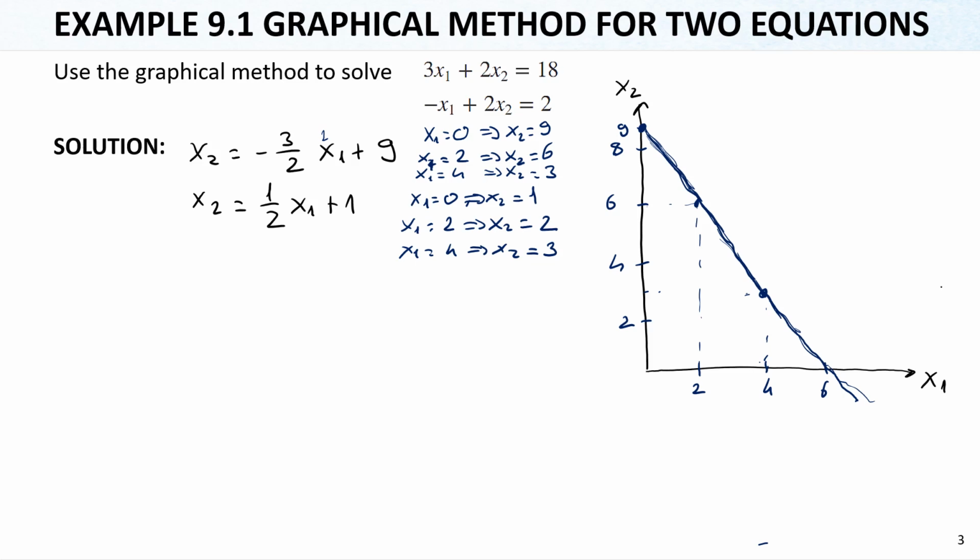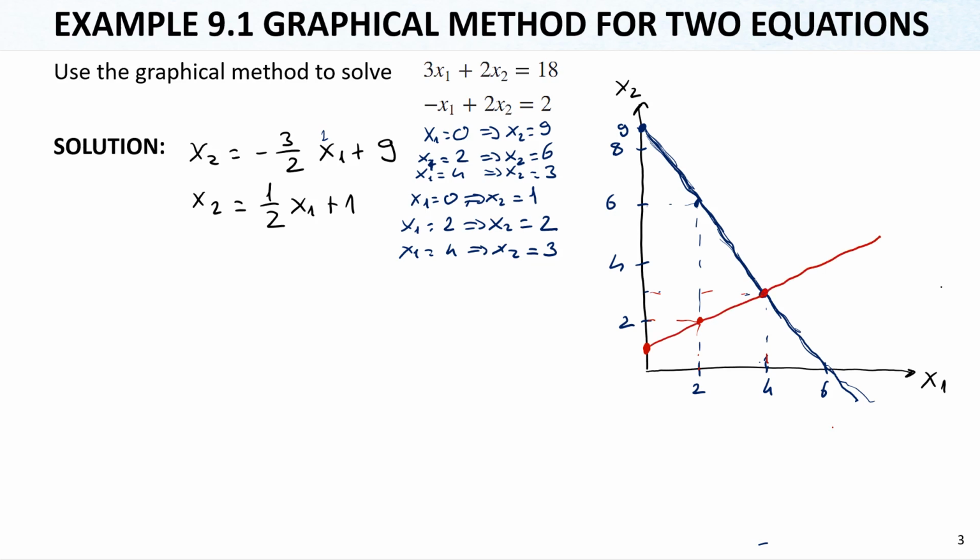If x1 is 0, then x2 is 1, this point. x1 is 2, x2 is 2, this point. And x1 is 4, x2 is 3, this point. So we found the intersection by chance.